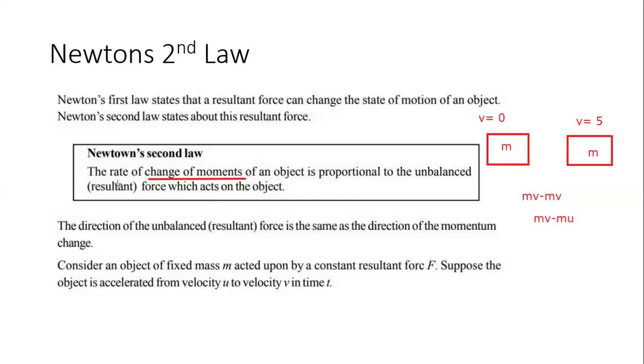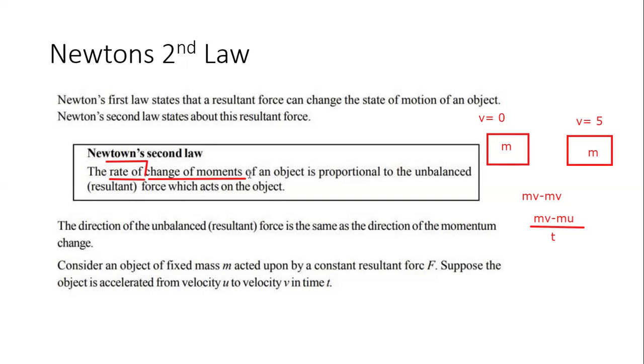Then the rate of change means whenever there is a term called rate, we have to divide it by the specific time, right? The given time. So this is the equation I can write down.